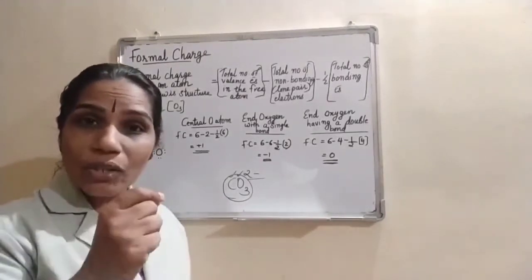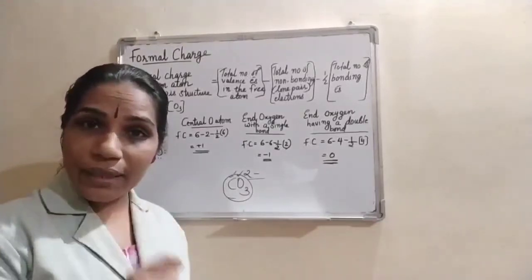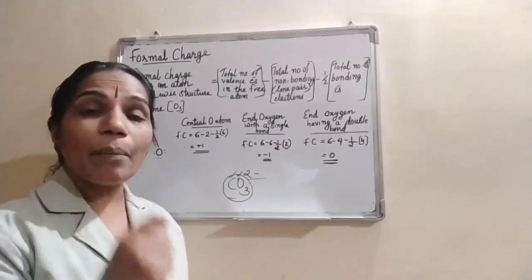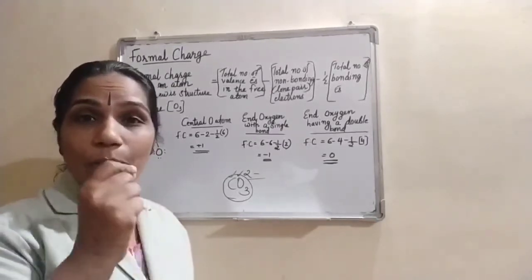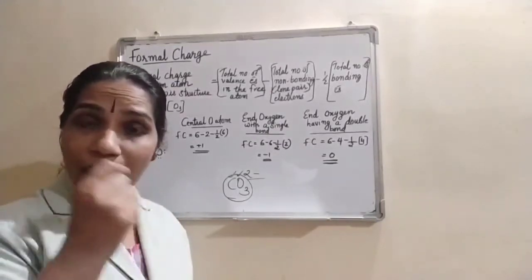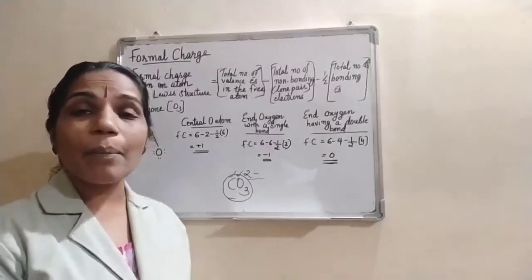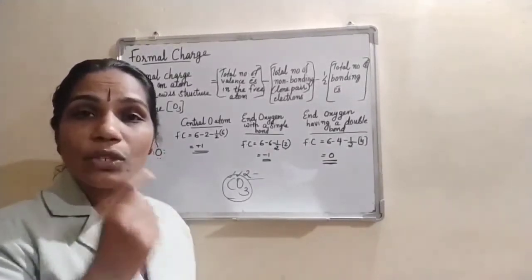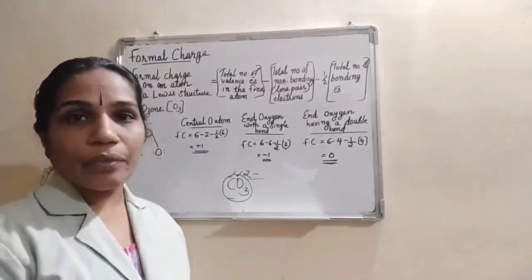Formal charge may be defined as the difference between the total number of valence electrons present in the free atom and the number of electrons assigned in the Lewis dot structure.